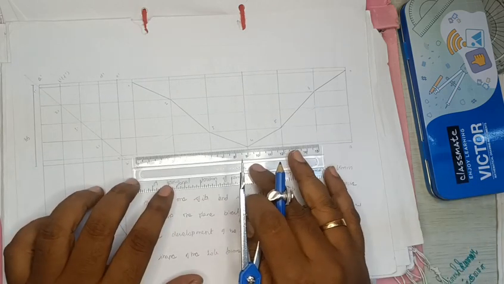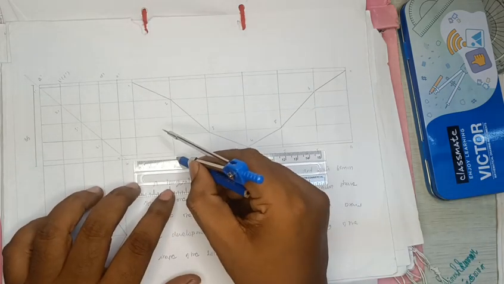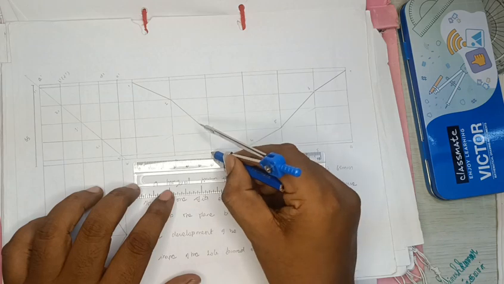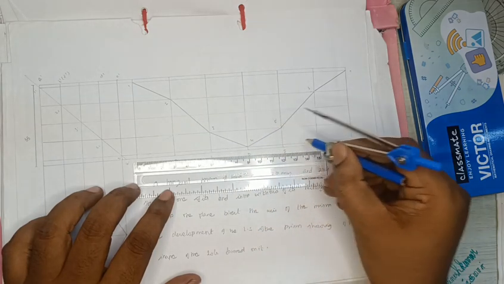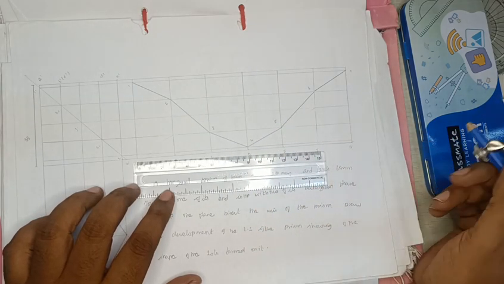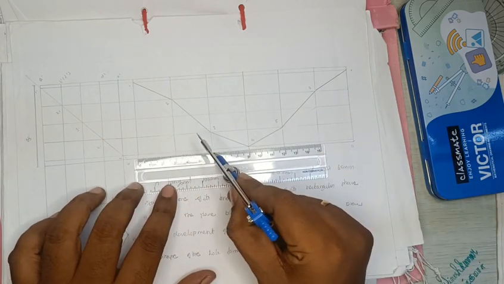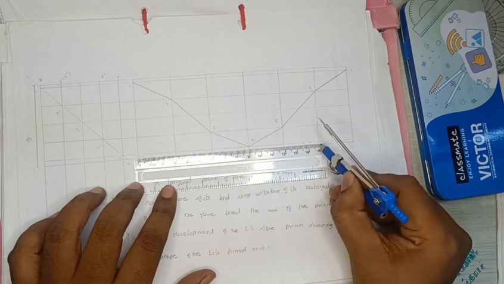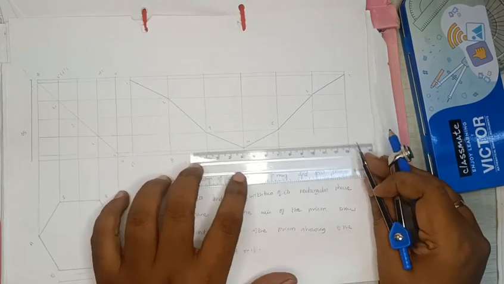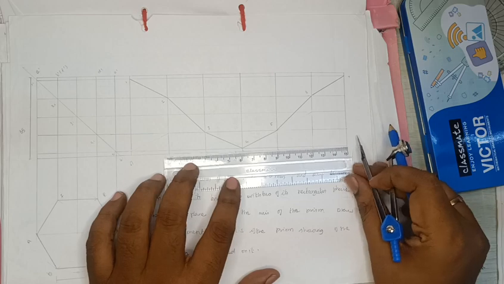Each side is 30 mm. Mark and divide into each 30: 30, 30, 30, 30, 30 and again 30.